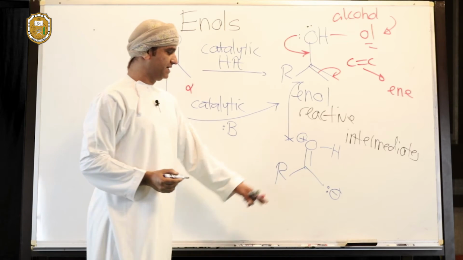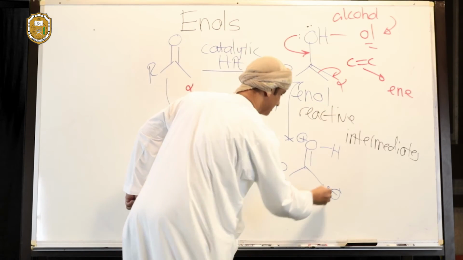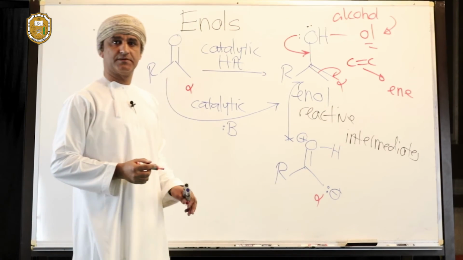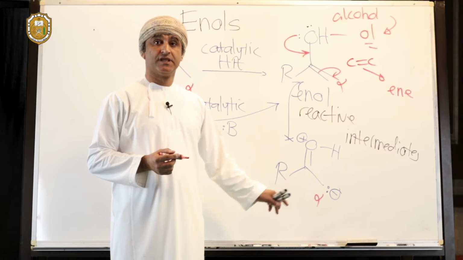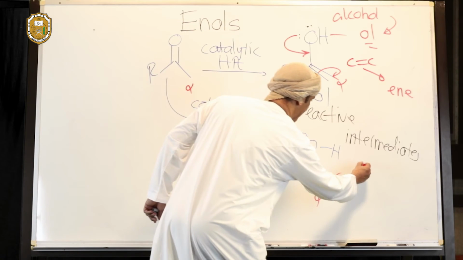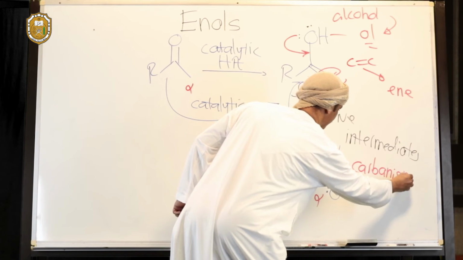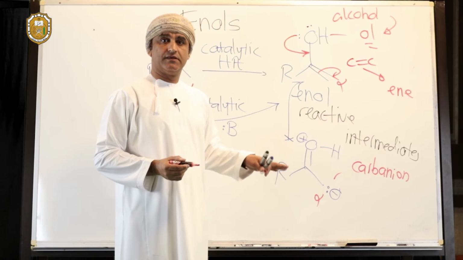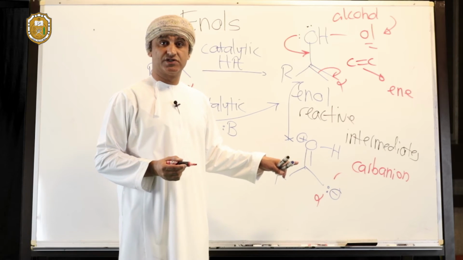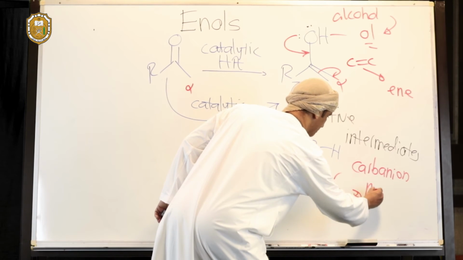Now if you look at this, that alpha position, this is the alpha position again, that's the alpha carbon. There is now a carbanion on this alpha position. If it is a carbanion, therefore that alpha carbon is actually nucleophilic.